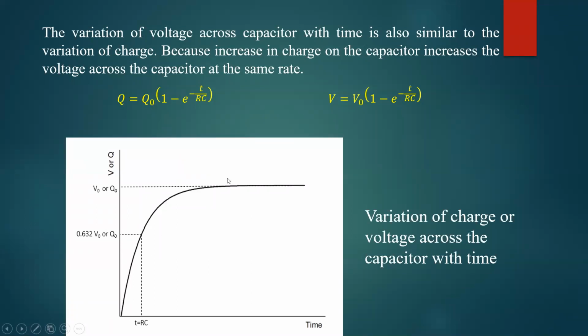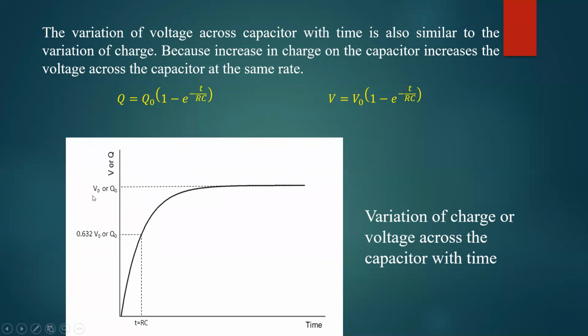If you look at the graph, this is the exponential increase graph. Both V and Q have the same nature. Initially the voltage and charge increase fast, then it becomes saturated and constant, and that constant value is equal to V naught or Q naught.